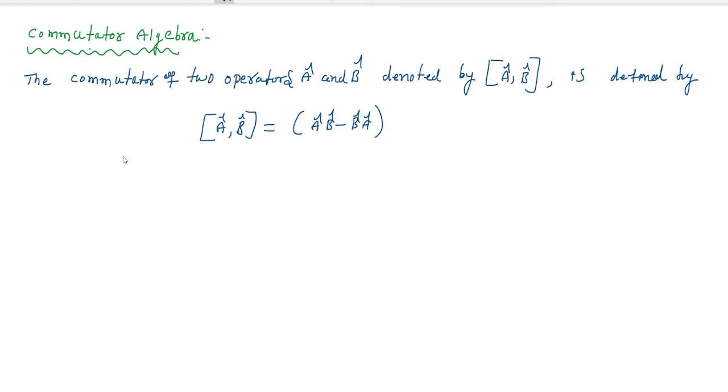So for example, the anti-commutator of A and B, I can write like this.